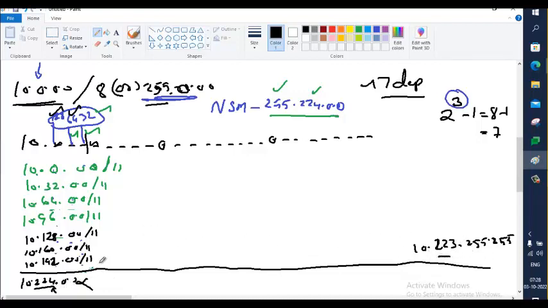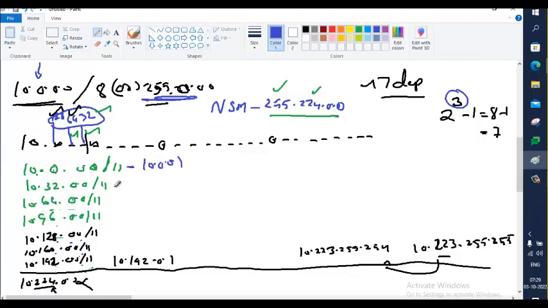The first IP will be 10.192.0.1. The last will be one before the broadcast, which is going to be 10.223.255.254. Likewise, you know how to fill in all the remaining. Let me write it for two more. For this, the first IP will be 10.0.0.1.